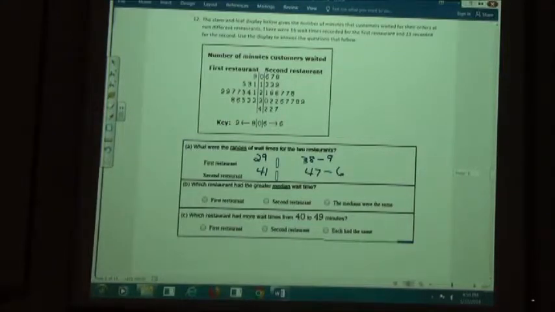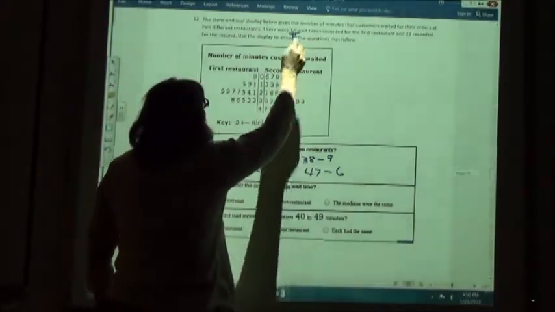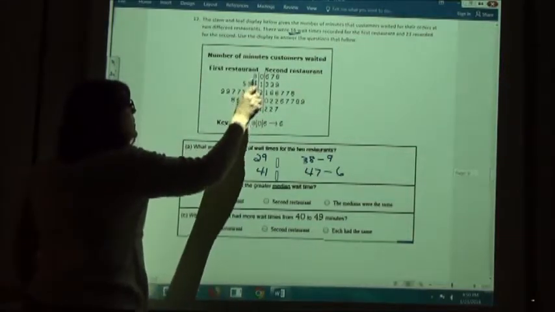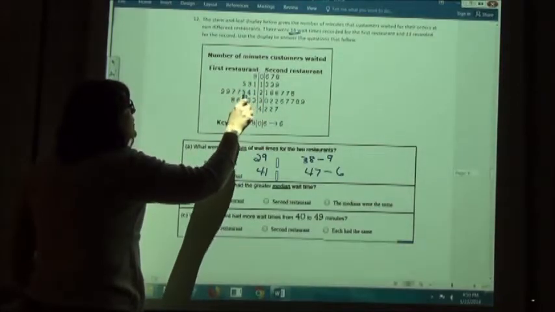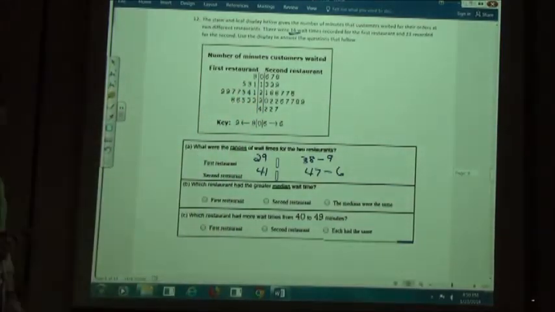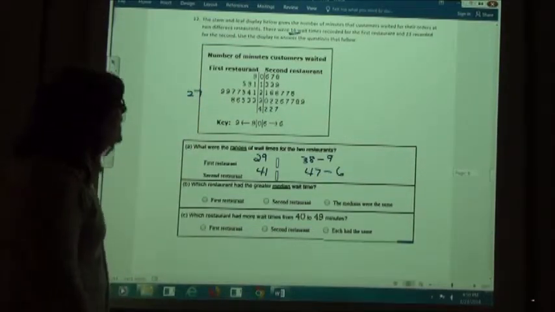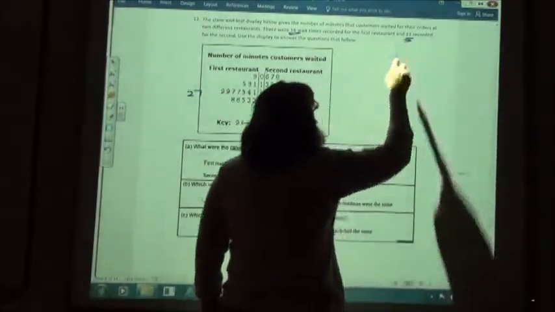Which restaurant has the greater median again? On the first one, I have 16 wait times. My median's going to be about number 8, right? So which value is number 8 on my list? About 27 minutes. The second one we had 23.